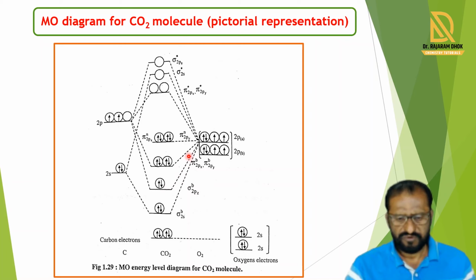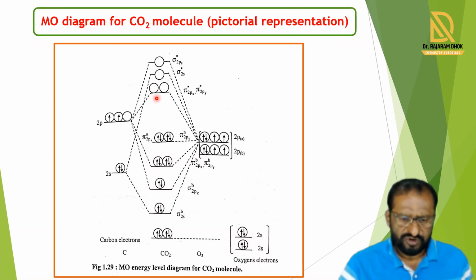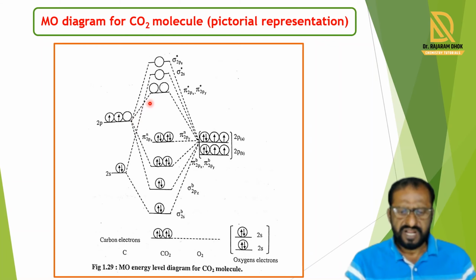In this sigma bond formation, there is more character of the more electronegative atom oxygen, and if we see the antibonding molecular orbital, then we see here these antibonding molecular orbitals are close to the carbon atomic orbital and more distant from the oxygen atomic orbitals.